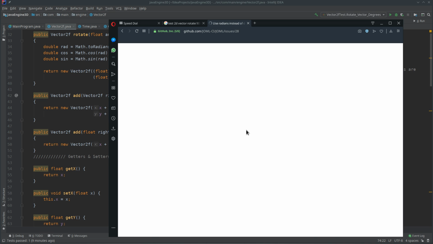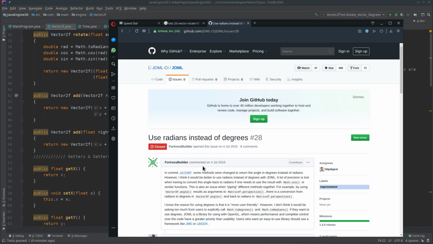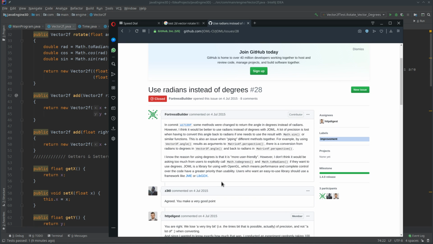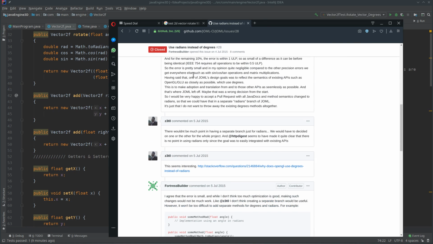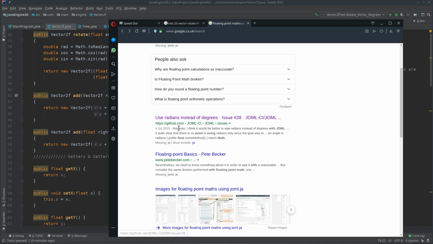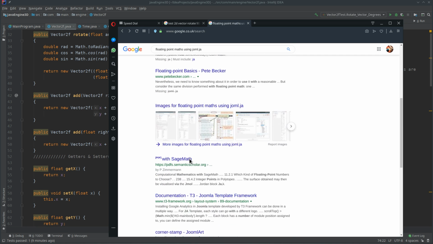Okay, let's see what this one says. This is one of the problems I'm trying to get to. This is awkward. Use radians instead of degrees. This is something that you should look into, especially before or during doing any kind of a 3D engine. A 3D engine relies very heavily on this kind of thing, and you really need to be totally aware of it, and all of these maths problems. It's not going to tell us, is it?